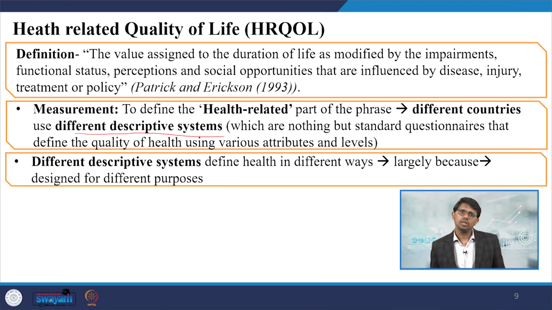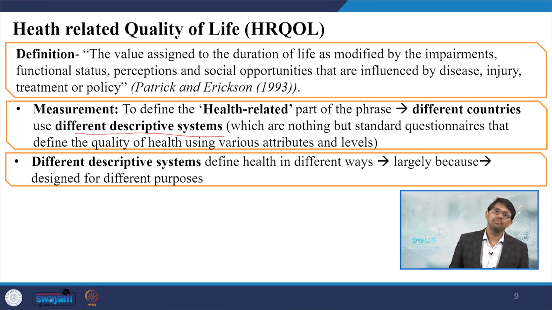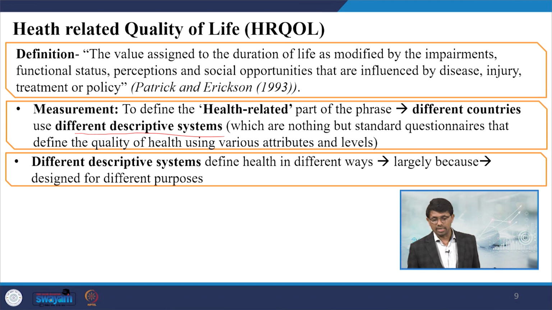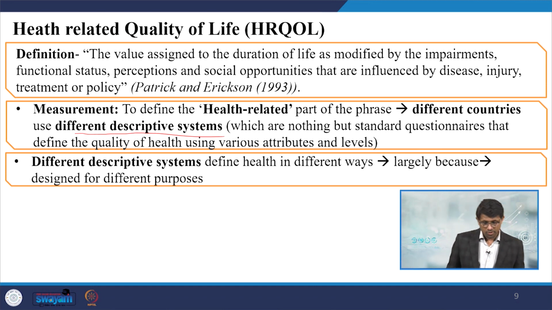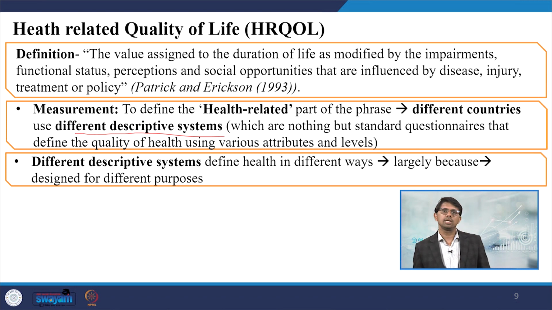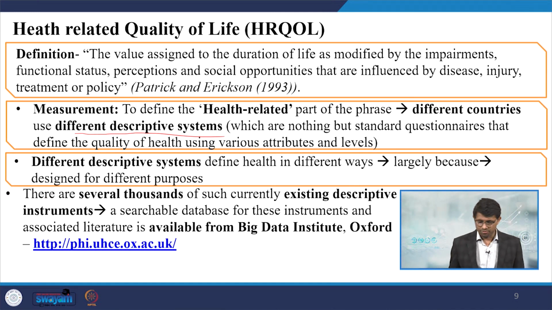A different descriptive system in healthcare defines health differently, because the healthcare cases are different and their purposes are differently defined. So, the questions or the descriptive system attached vary from question to question and from country to country.